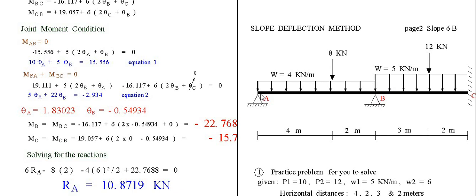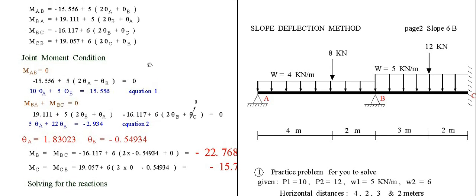So that at AB the curve will follow like this. Then it goes up, goes to the right, negative, opposite to that of analytic geometry. Then the beam goes up here, then goes horizontal at C. Then out of these values of theta A and theta B, we can now solve the moments.